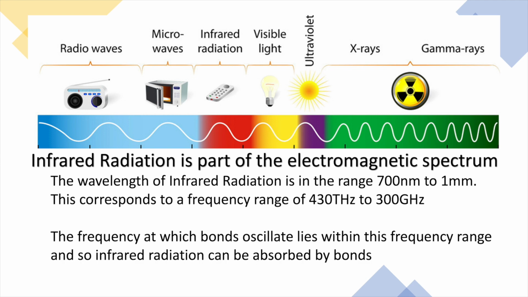Our infrared wavelength is between 700 nanometers and 1 millimeter, which corresponds to 430 terahertz to 300 gigahertz. This is the range in which bond oscillation frequency also lies, and so our bonds can actually absorb infrared radiation.